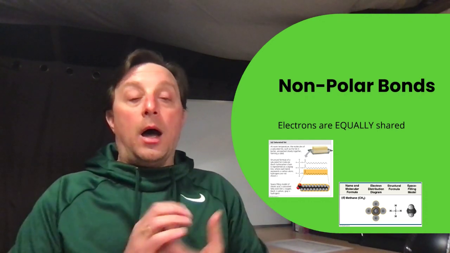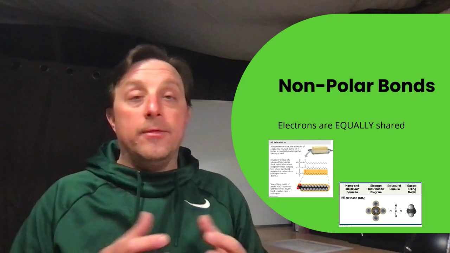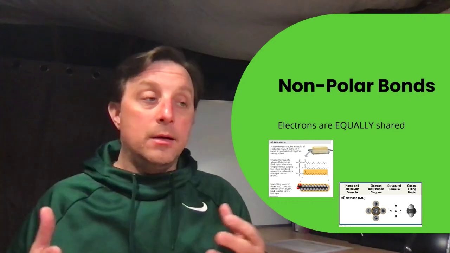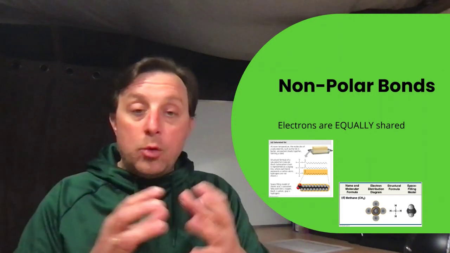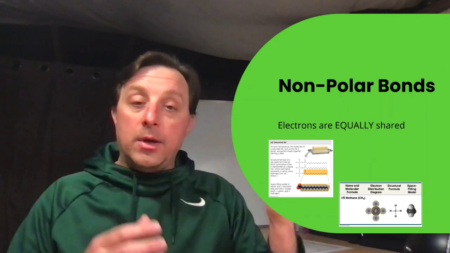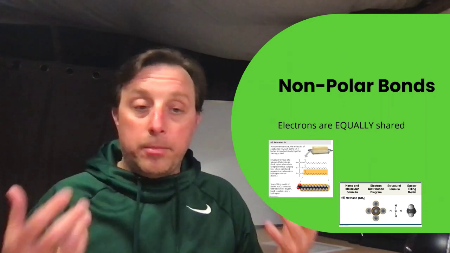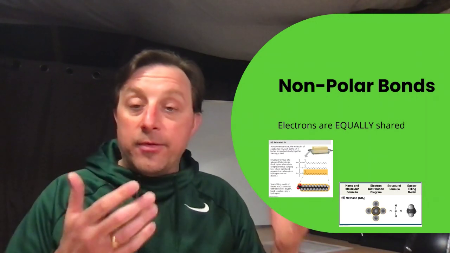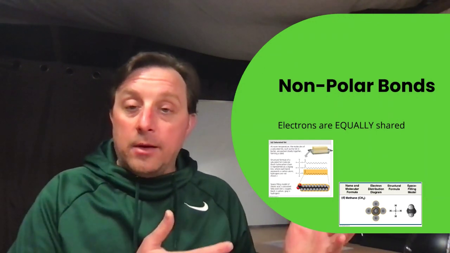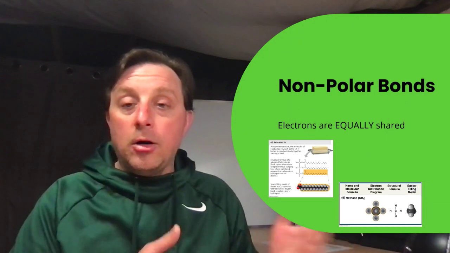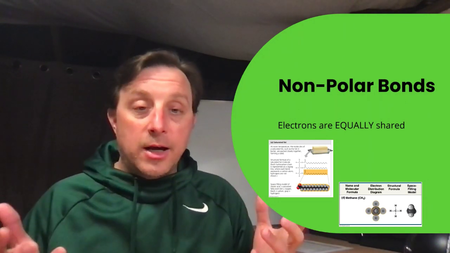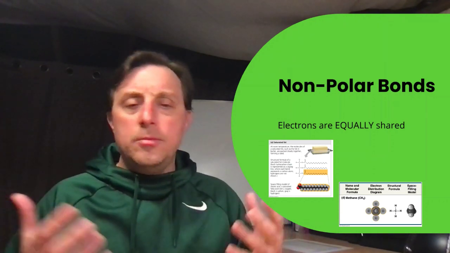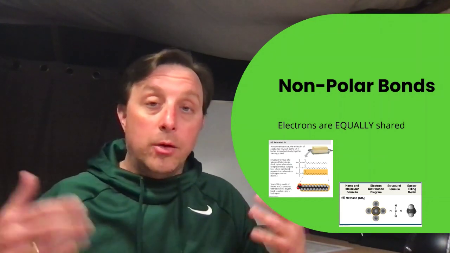When two atoms are very close to each other in electronegativity values, then the electrons are equally shared, and we have what is called a nonpolar bond. So things like fats, a lot of organic molecules like methane here, these are nonpolar bonds where the electrons are evenly shared, and these tend to be non-soluble in water.